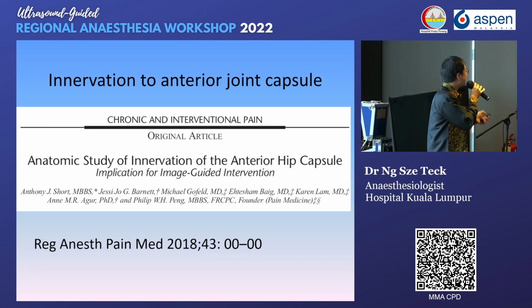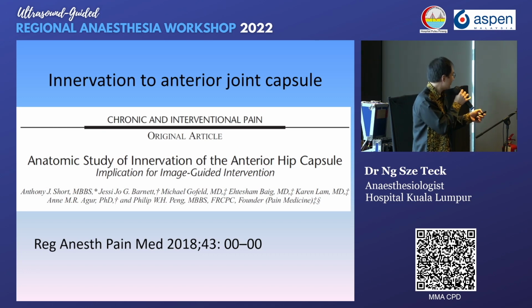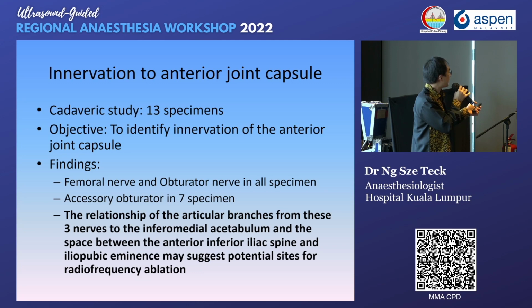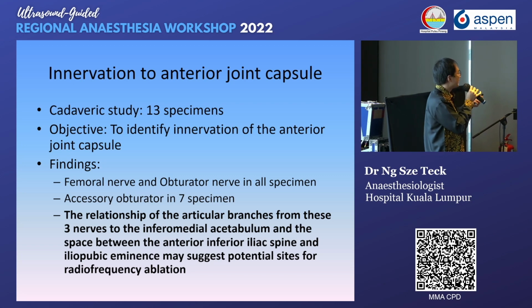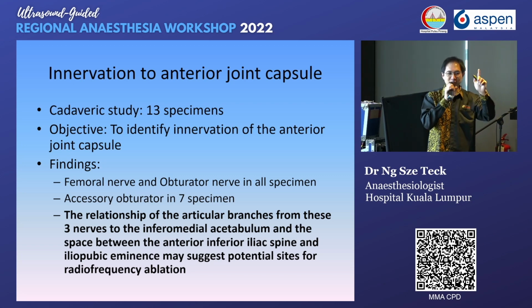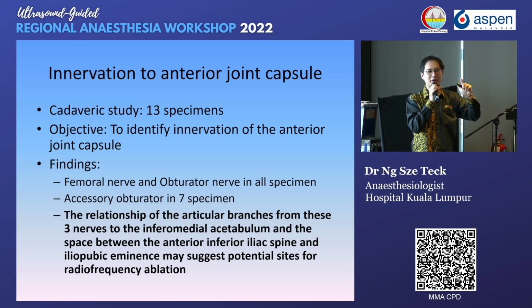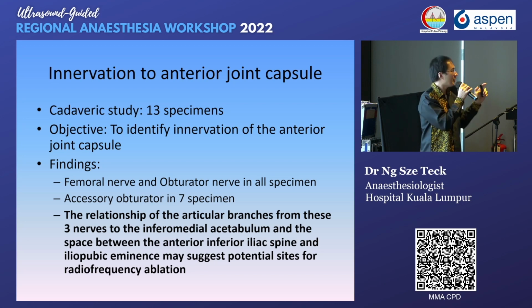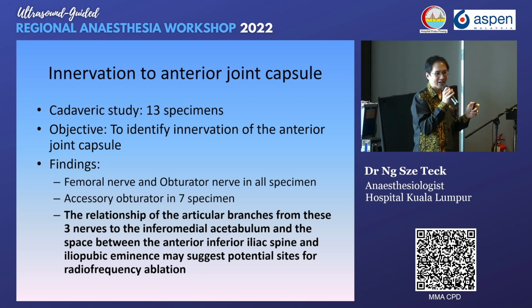So this study was published in 2018. It's a cadaveric study to try to identify the innervation of the anterior part, the anterior capsule, of the hip joint, which we need to focus on to treat hip pain. So what are the nerves there?